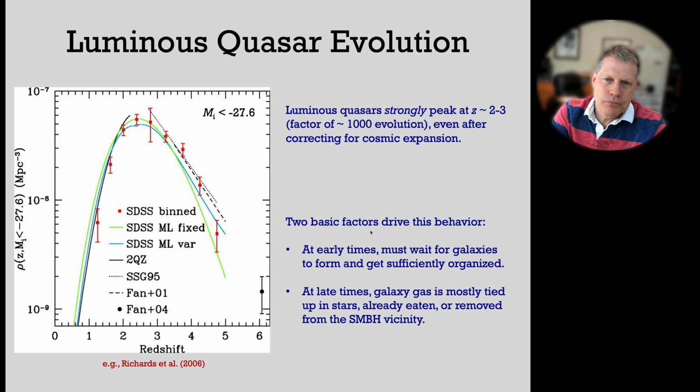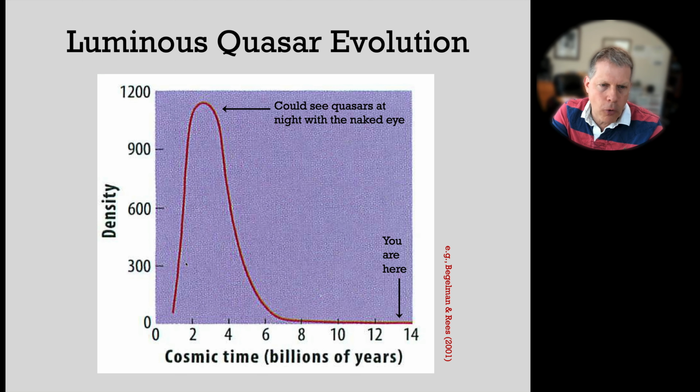Okay, so what causes this remarkable evolution? Well, you can probably reason it out and guess pretty well what causes it. Common sense expectations turn out to be, as best we understand, about correct. At very early times back here, quasars were not very common because galaxies had not yet really come together and organized themselves well enough that you could feed supermassive black holes very well.